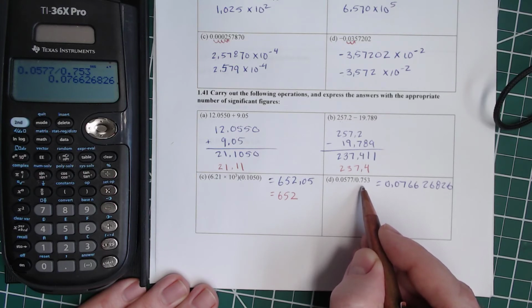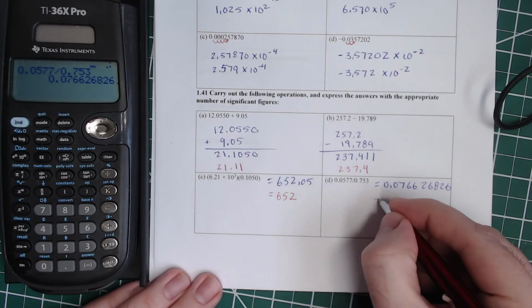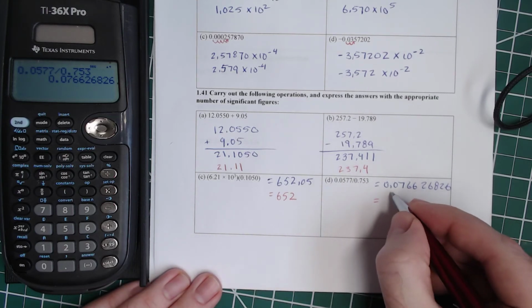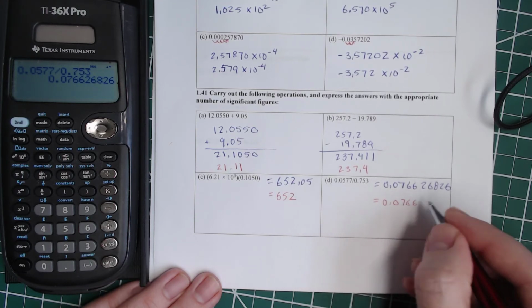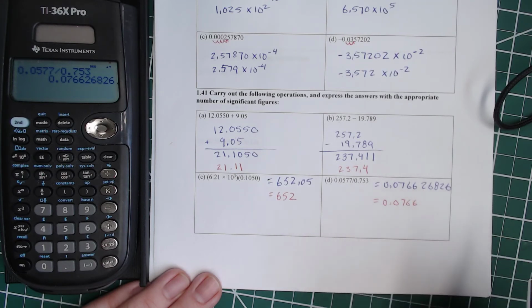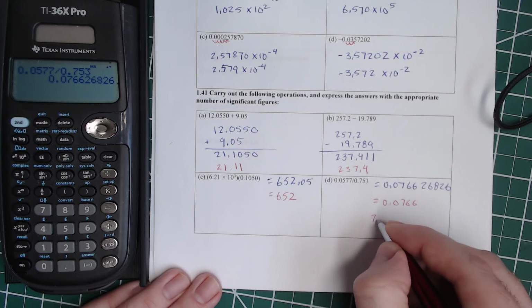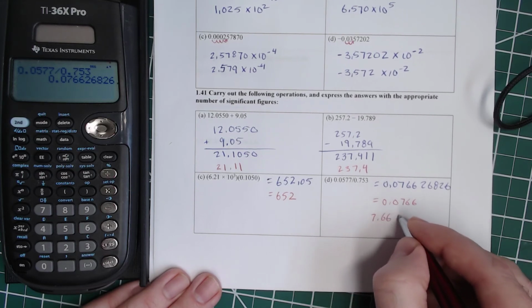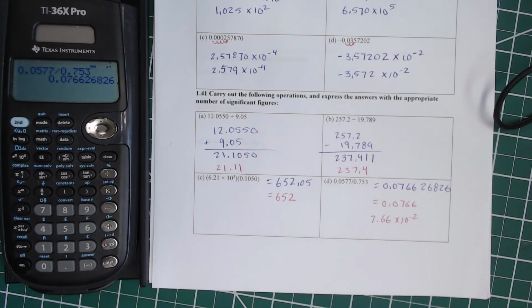Since they both have 3 significant figures, we're going to round this so that our answer has 3 significant figures. And so that's going to give us 0.0766. So our 6 here would be our third significant figure, and since the number after it is less than 5, we'll round it to 0.0766. If we wanted to, we could also put that into scientific notation, so 7.66 times 10 to the negative 2. And that might be something that you would be interested in doing in certain situations.